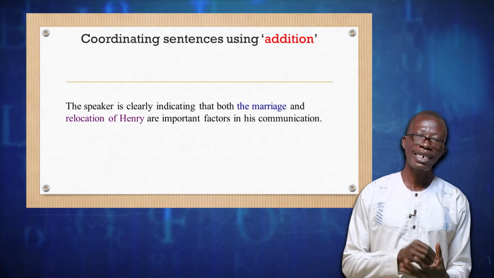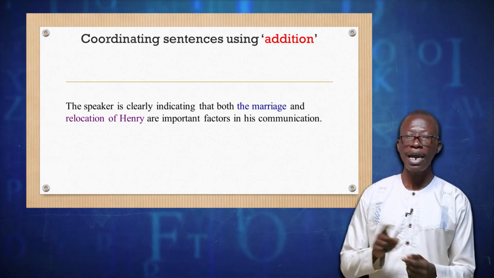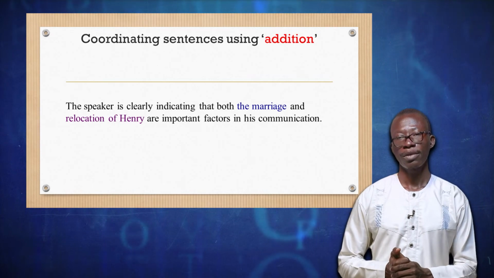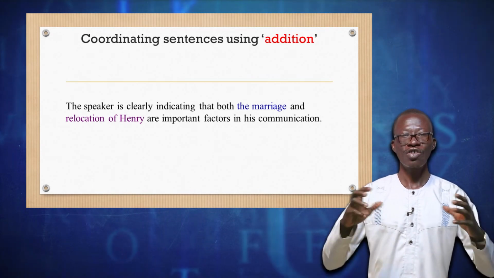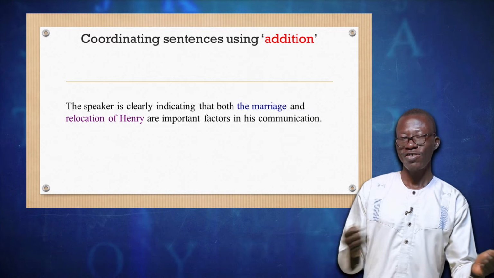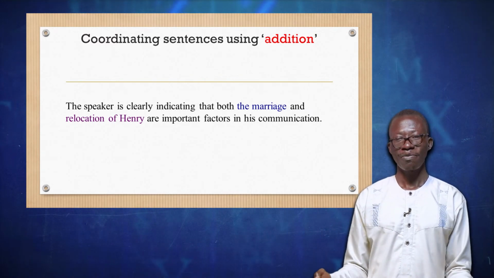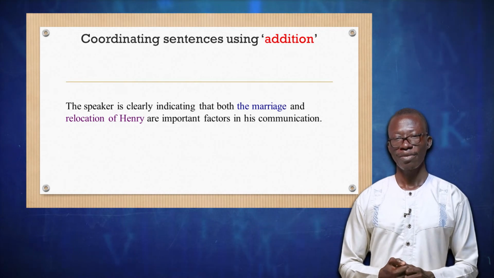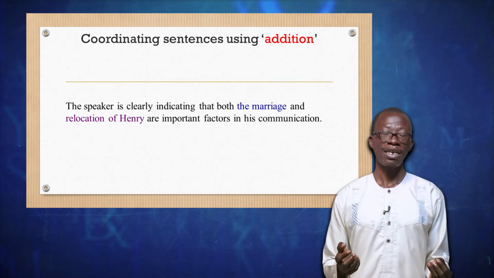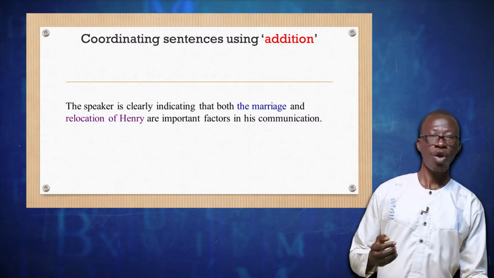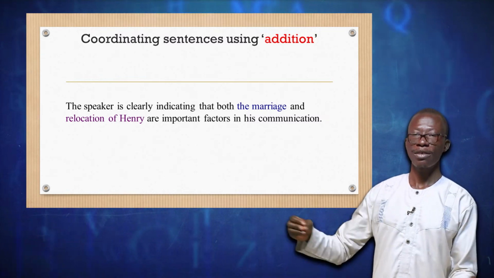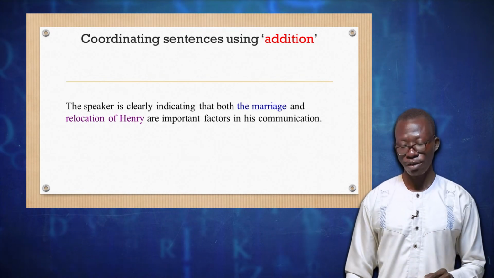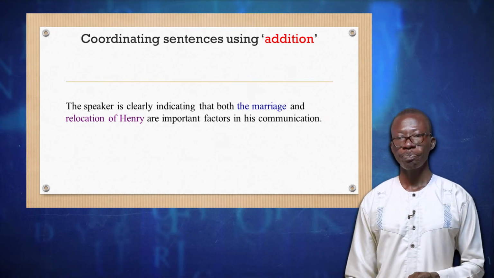The speaker is clearly indicating that both the marriage and the relocation of Henry are important factors in his communication. And therefore, the situation of a compound sentence having two independent clauses brought together by a coordinator comes to mind. So here, it isn't that Henry's marriage is more important than his relocation. No, both actions are very important to the speaker.